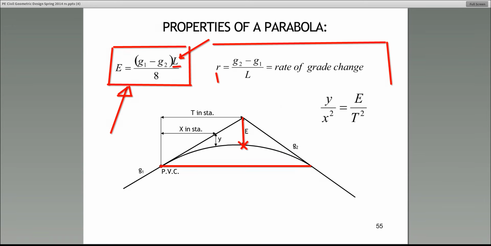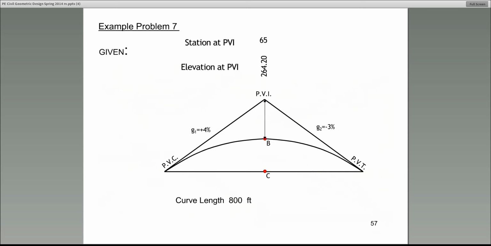Let's go to the next slide here. All right, this is what they're going to give you. This could be all the information that they will give you about a vertical curve. First of all, at the very bottom, curve length, 800 feet in this case. So the length of the curve in this case is 800 feet. Look for the gradient, G1, in this case plus 4%.